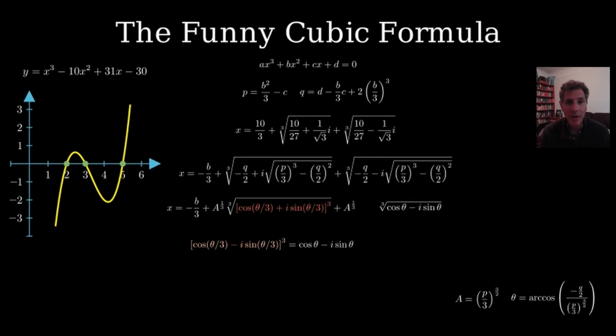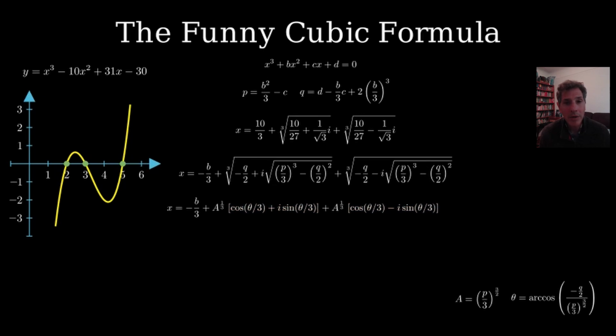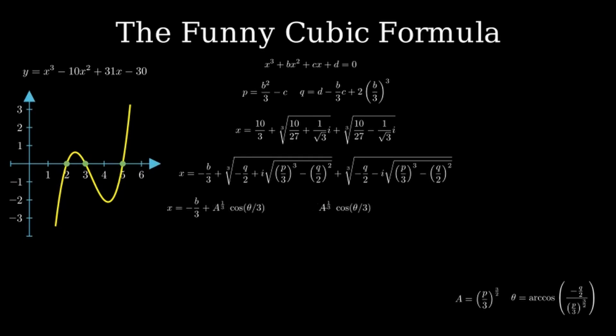So let's go ahead and replace the second radicand with this perfect cube identity. The cube and cube roots cancel each other, and we also find that the imaginary parts of our expression cancel each other, and we're left with real values only.